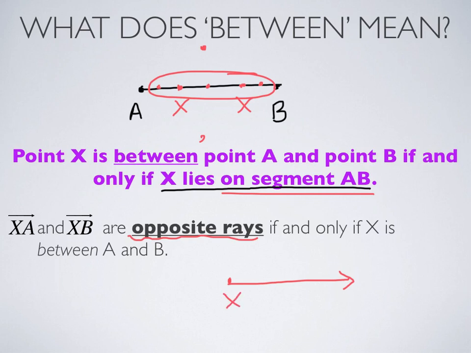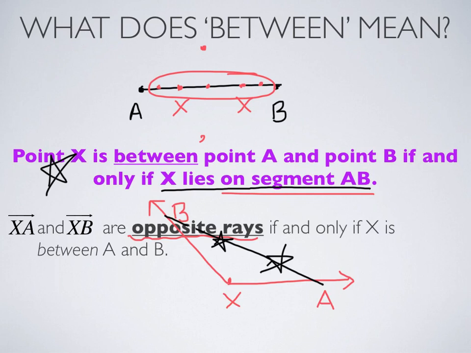So here's X, here's A. Now if I were to draw XB up like this, okay, so here is ray XA starting at X and heading for A. Here is ray XB. But could we say this point X is between A and B? No, we can't, because based on our definition from up here, it's only between if it lies somewhere on the segment that's in between those 2 points. So right now, X is not between.